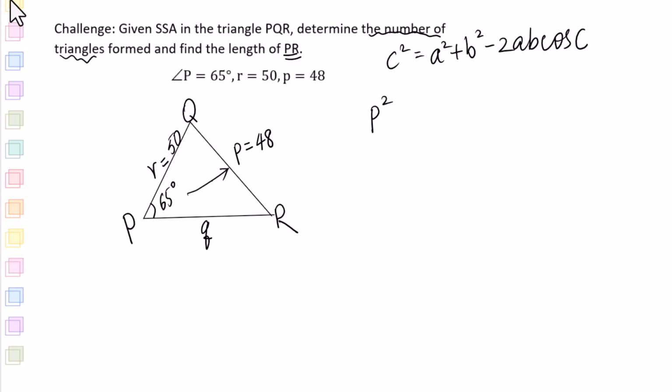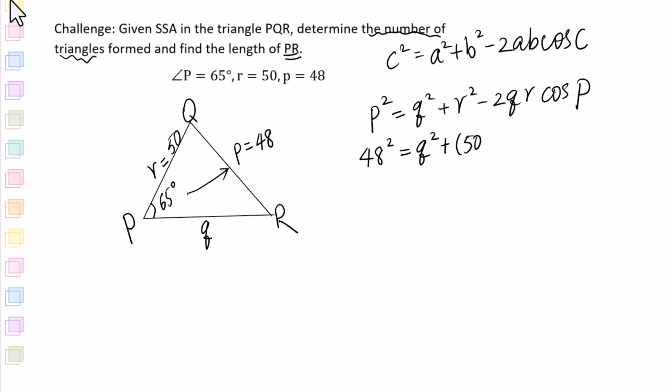So P squared equals Q squared plus R squared minus 2QR cosine P. Then we substitute the values for each variable. 48 squared equals Q squared plus 50 squared minus 2 times Q times 50 cosine 65. This is a quadratic equation.